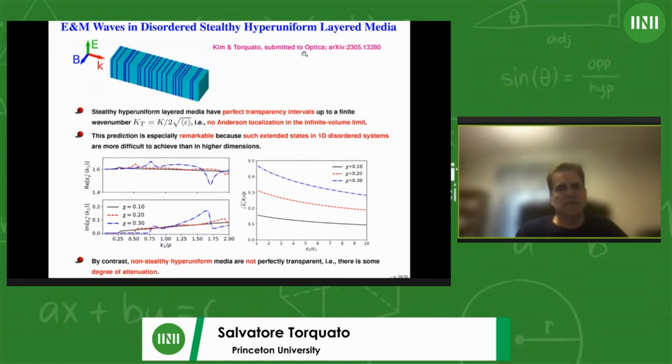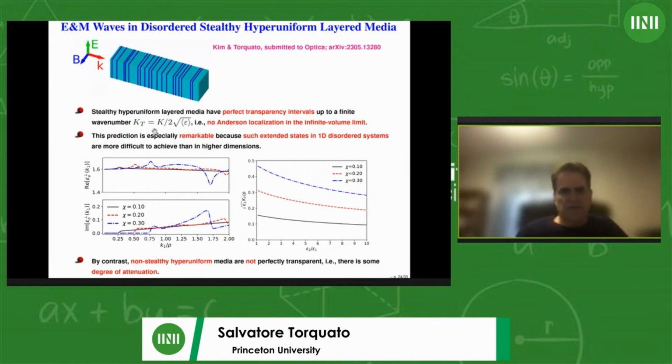This was submitted to Optica, where we took the general formula from the PRX and applied it to one-dimensional layered media. We were keenly interested in the stealthy hyperuniform variety, but of course the formulation applies to any structure. But a particular interest in this very short paper was the stealthy hyperuniform variety.